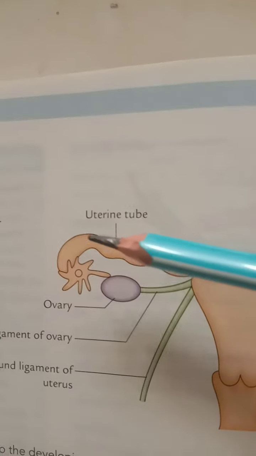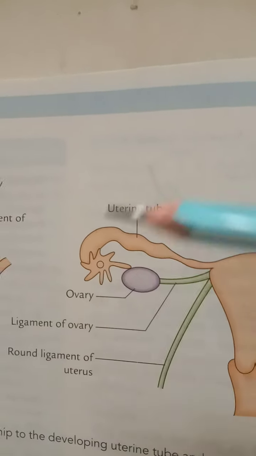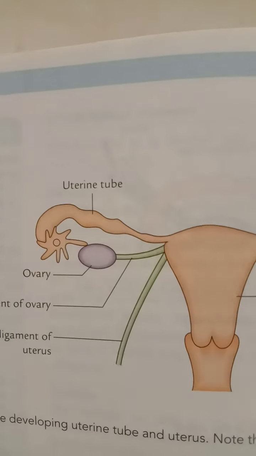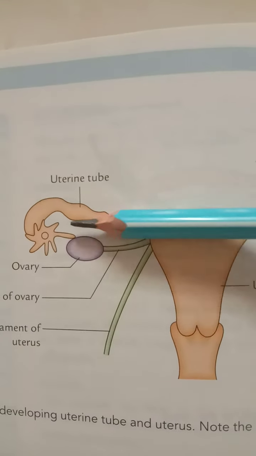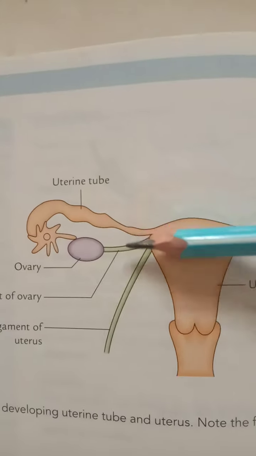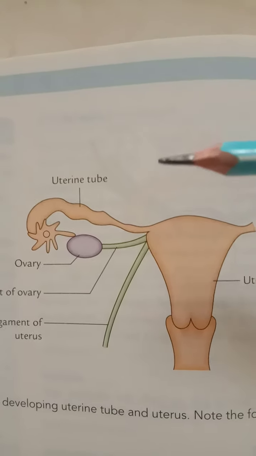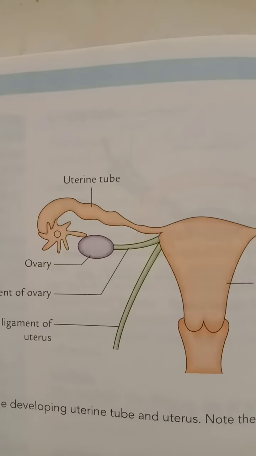Here this one is the lateral end. The lateral end is also called the fimbriated end. It communicates with the peritoneal cavity close to the ovary by piercing the posterior layer of the broad ligament.